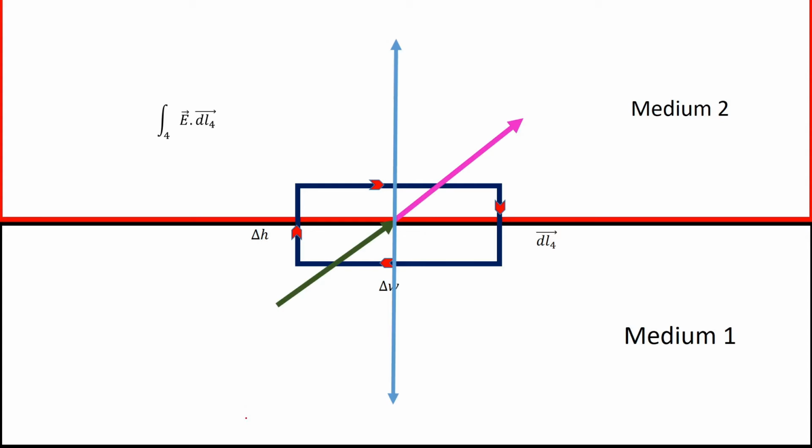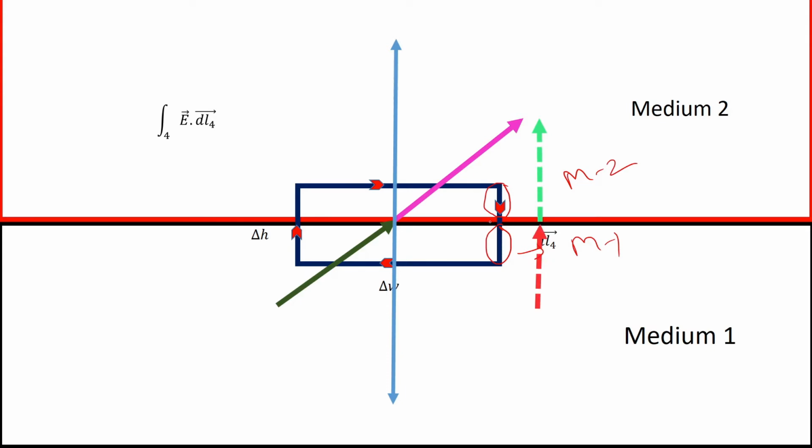And the fourth path integral would mean, again, half of this path is in medium 2 and the other half is in medium 1. You may also observe that the direction of this path is opposite to the direction of the electric field along the normal in medium 2.